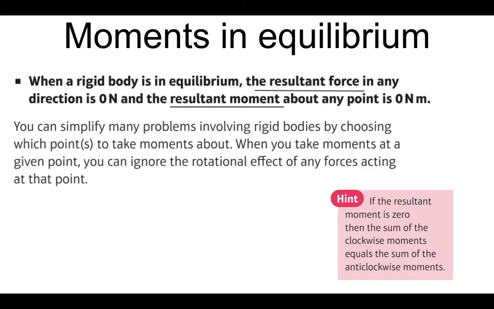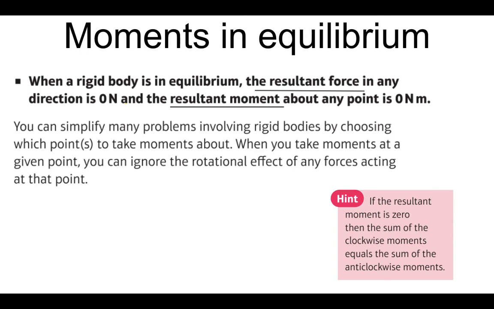Right, the next part that I want to discuss with you is when we have moments in equilibrium. When a rigid body is in equilibrium, the resultant force in any direction is 0 newtons, just like it always has been, and the resultant moment about any point is also 0 newton meters. So we can simplify many problems involving rigid bodies by choosing which points to take moments about.